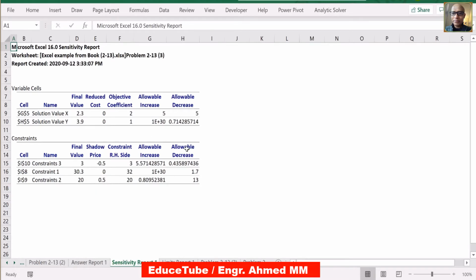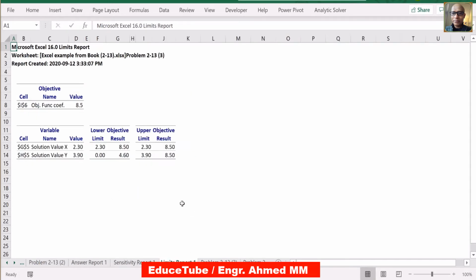Allowable increase, allowable decrease. I am only reading this, I am not explaining all these terms, when to use it and what is the use of all these values, shadow price, reduced cost. It will be discussed in other videos.